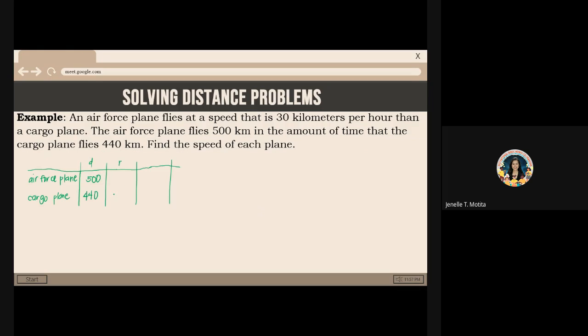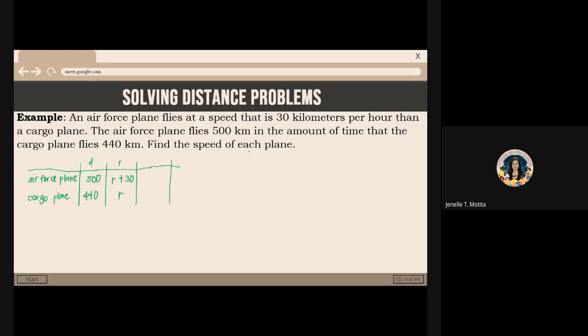So we could identify the cargo plane as R, and it is missing. What about the Air Force plane? It is faster than the cargo plane, so we represent it by R plus 30. What about the time?